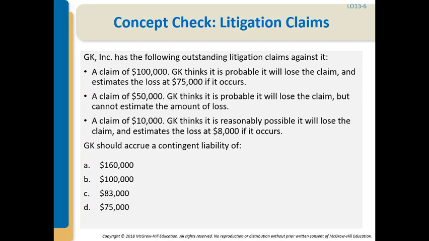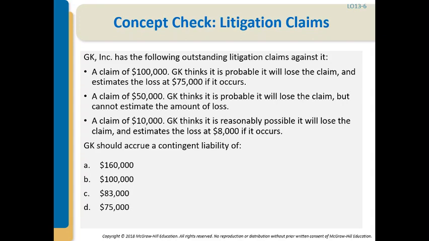So here, what is the answer? Well, definitely we have the first one. It's probable that they'll lose, and they estimate the loss to be $75,000. So that's definitely included as a liability.